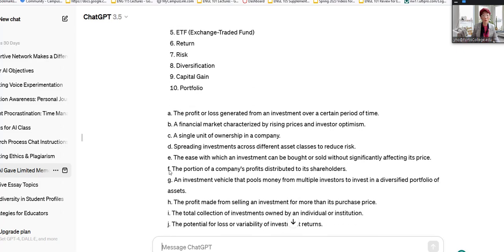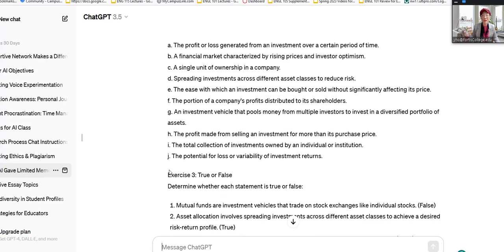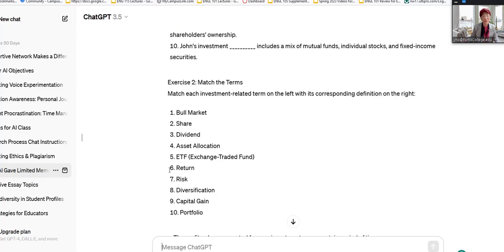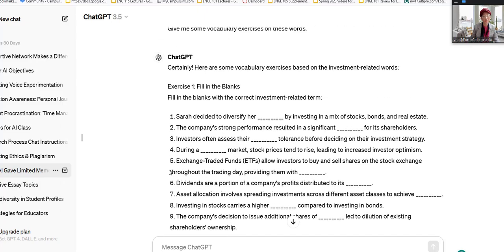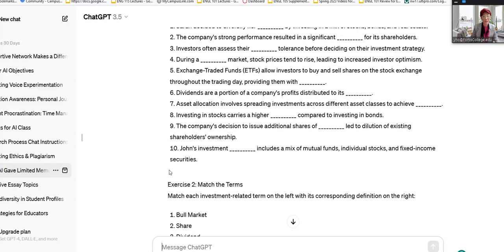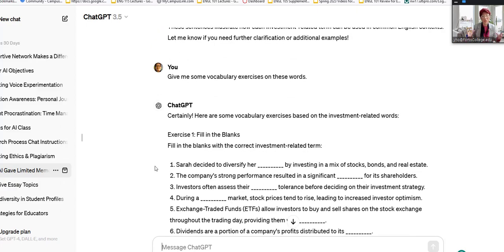And lo and behold, I don't have to spend the whole weekend doing lesson plans, making quizzes, making sure that each quiz corresponds with the proficiency level of different classes. And here, if you're a student learning vocabulary, you have all of these different exercises from which to work, okay? And so ChatGPT shortens the time in which you can prepare tests for your classes or lesson plans. And as a student, you get to practice what you learn in class.